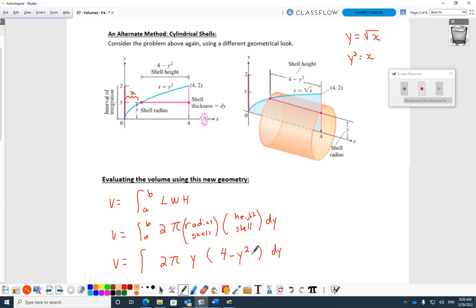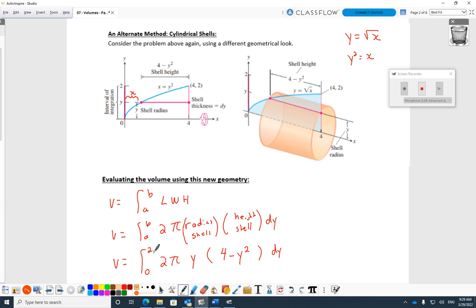Now that makes my limits of integration different as well. Only 0 to y value 2 now. If you would have done the question with the slabs, with x, then you'll do the shells with y. So it'll go back and forth like that.